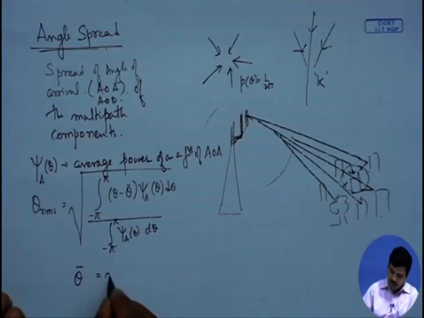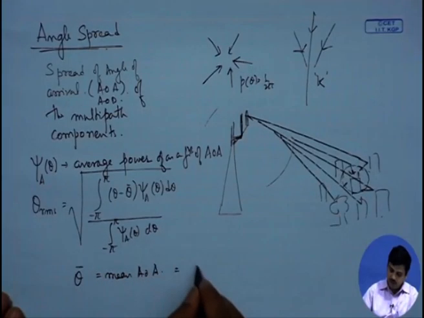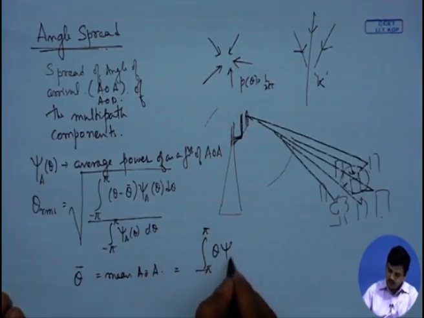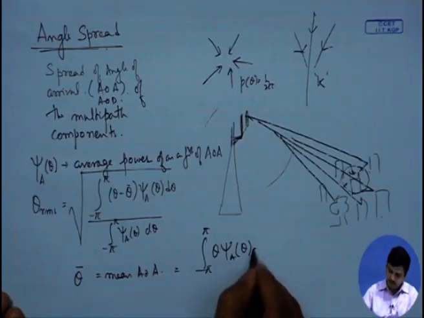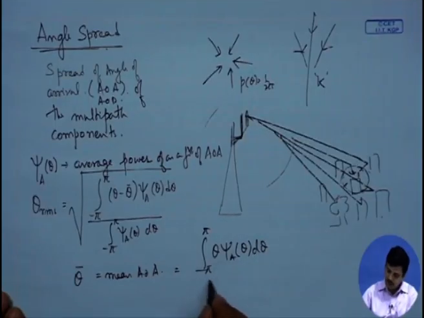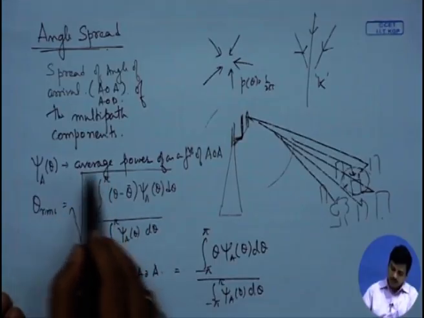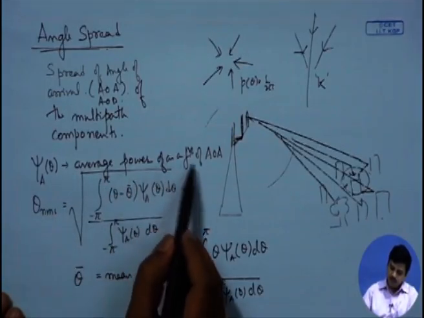And theta bar is the mean angle of arrival, which could be defined as the integral from minus pi to pi of theta psi A of theta d theta, again divided by the normalizing factor, the integral of psi A of theta d theta. So, this is basically the average power as a function of angle of arrival.